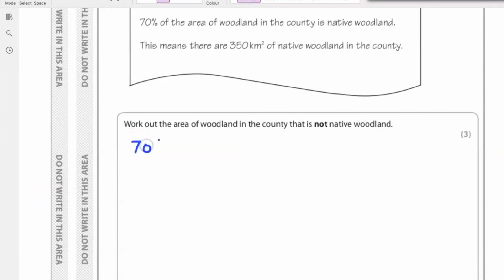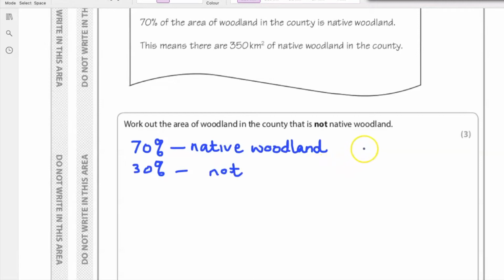70% is native woodland. Then we have 30% is not.